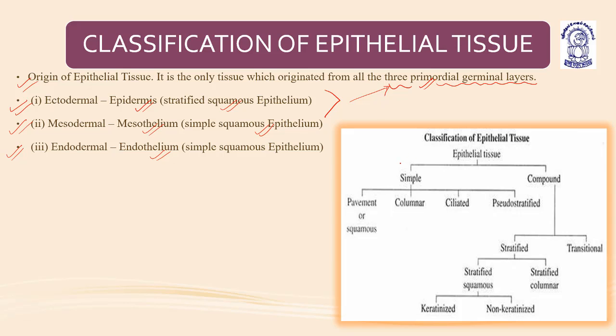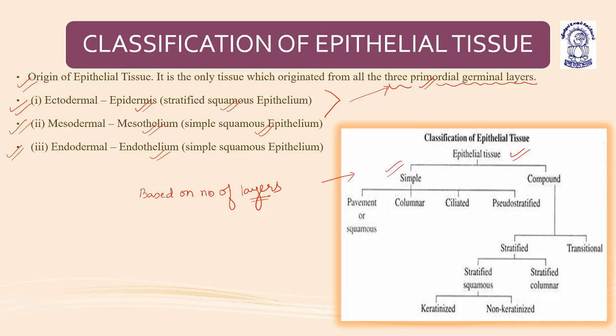Now we are going to classify them on the basis of number of layers, whether the epithelial cells are arranged in a single layer or multiple layers. If they are arranged in a single layer, it is simple epithelium.